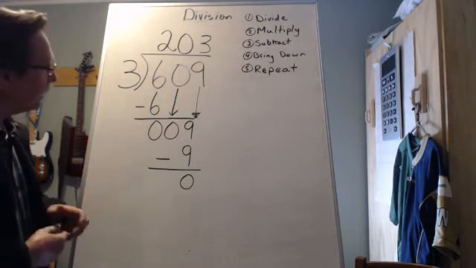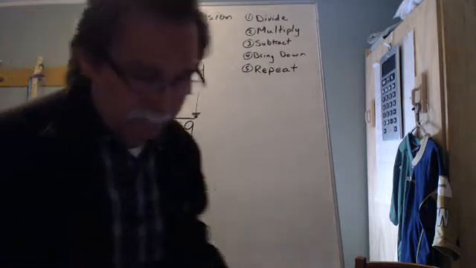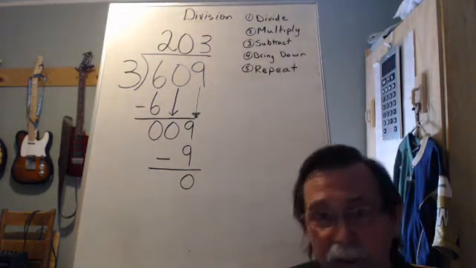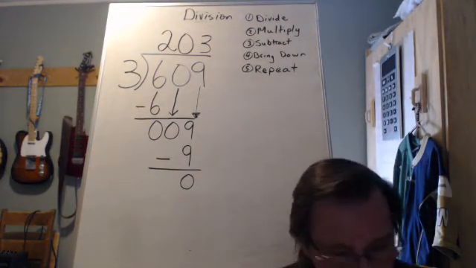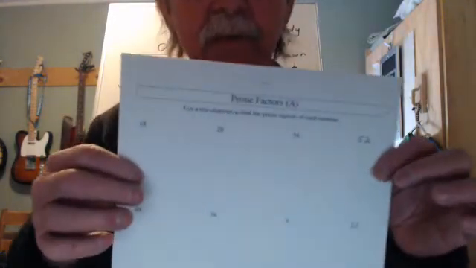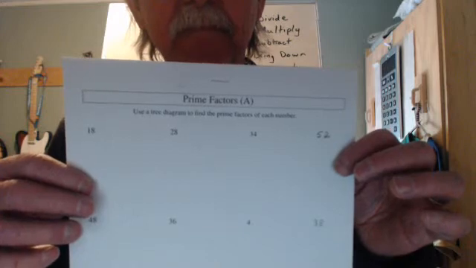Okay? And also, I got a little bit ahead of myself on the last video when we said we were going to do 2-digit division. I want to just go back. Do you remember this factor tree, prime factors page we had before?